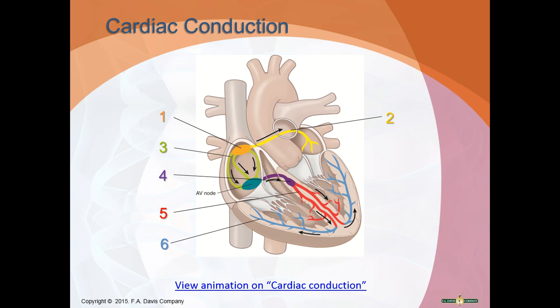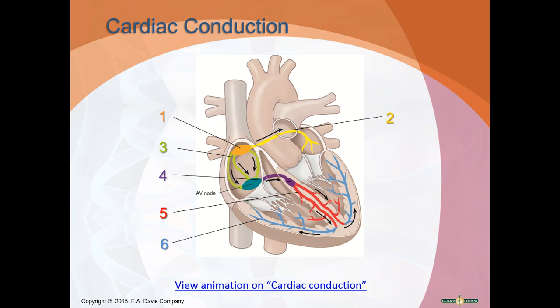After passing through the AV node, the impulse picks up speed. It then travels down the bundle of His, also called the AV bundle, shown in purple. The AV bundle branches into right and left bundle branches, shown in red. Purkinje fibers conduct the impulses throughout the muscles of both ventricles, causing them to contract almost simultaneously.